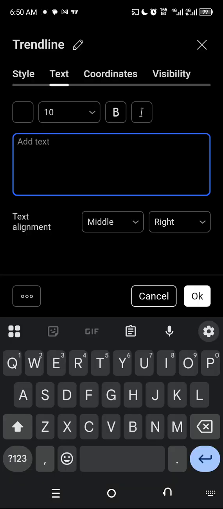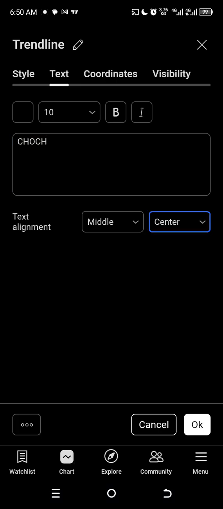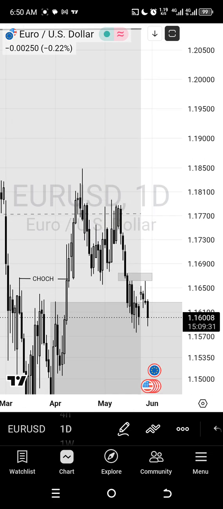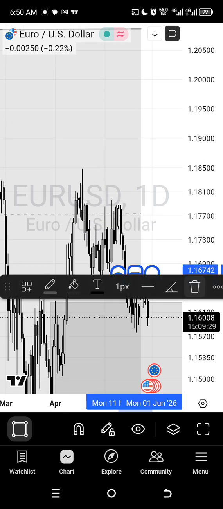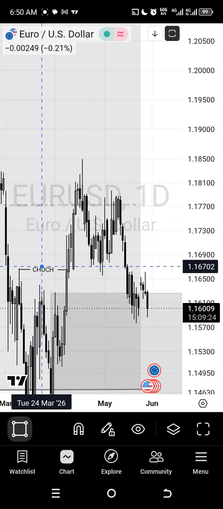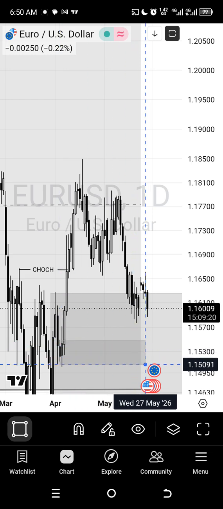Market structure shift, or change of character. Refining my key levels here, I got this bullish order block refined inside a weekly order block.